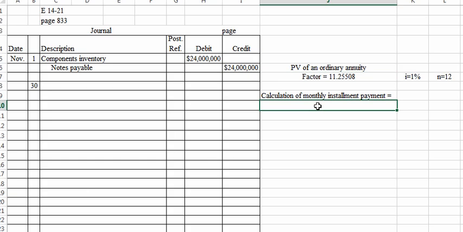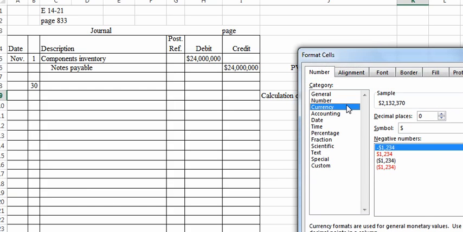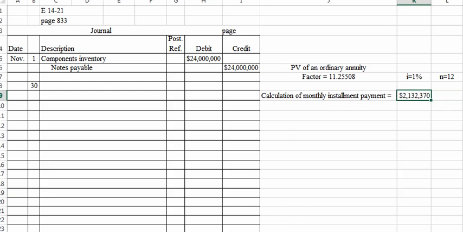So here our calculation of our monthly payment will be equal to our $24 million divided by our factor, which was 11.25508, and let's make that a dollar amount. Okay, so we get $2,132,370.